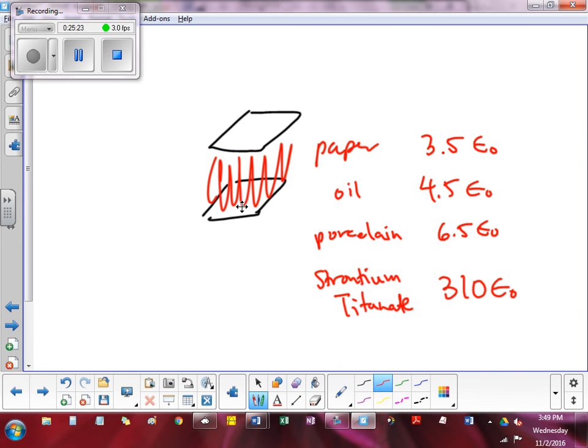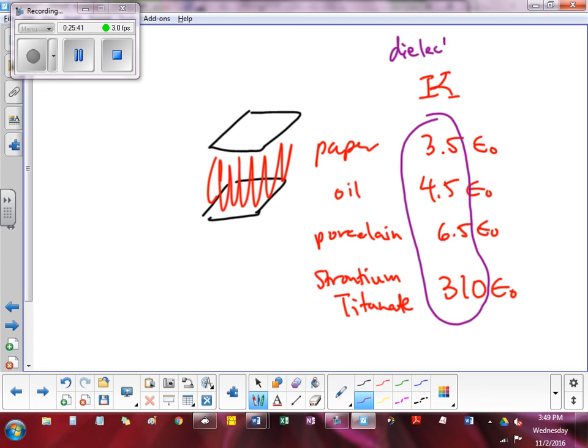All right, so you can, in the book, look up the different dielectric constants. These are called kappas. Okay, these numbers in front are called kappas. And those are called the dielectric constants. And you can see it's specific to materials.